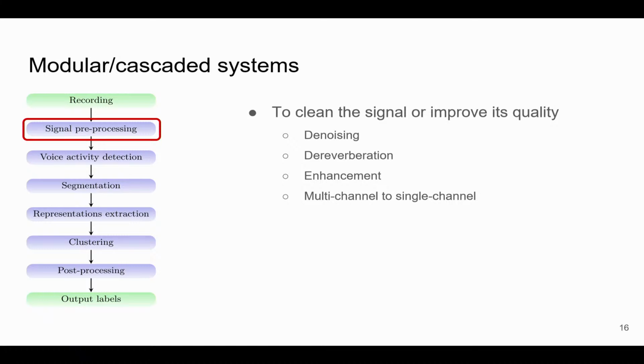You can do some enhancement using all these, but maybe just pass one single channel for everything else, because that makes it cheaper, or because you don't have a good enough technology to take advantage of the multi-channels. That could be another type of preprocessing.